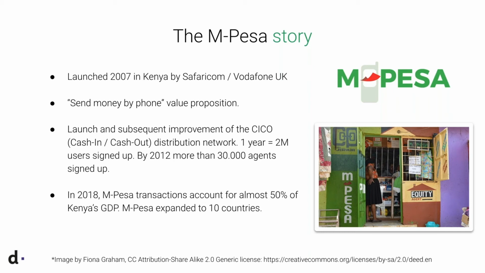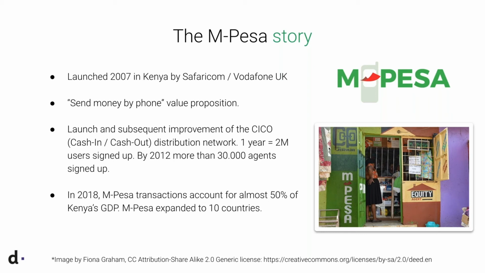Their primary value proposition was "send money by phone," a message that really resonated with the Kenyan population, since at the time the Kenyans who were living and earning money in the cities had a very difficult time sending that money to family members, to their parents.